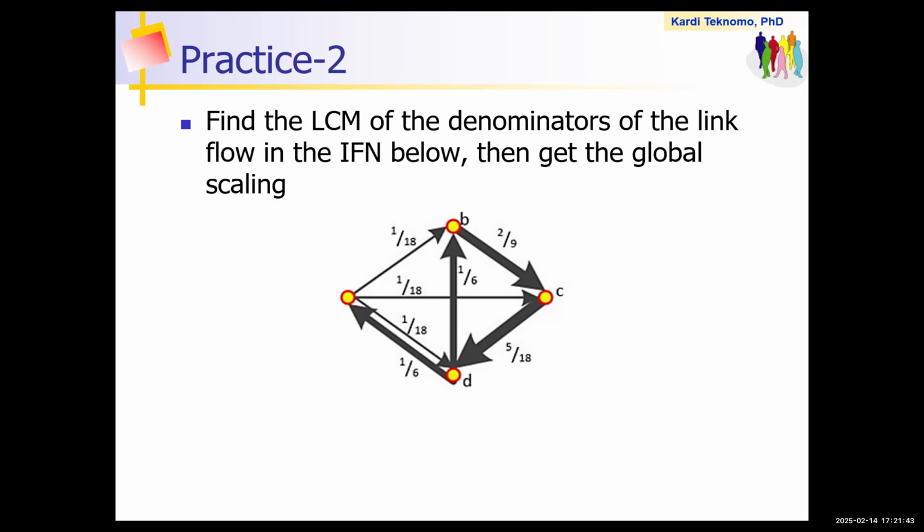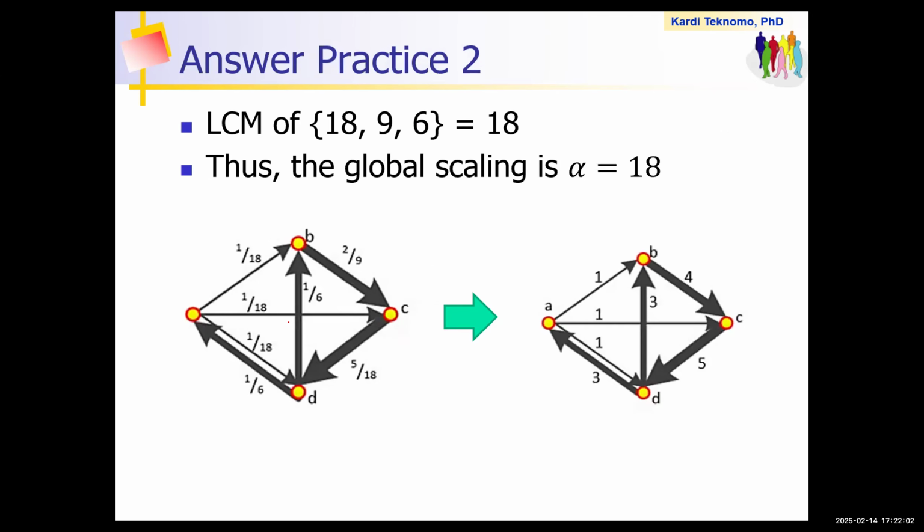We can get it by prime factorization. So 9 is 3 by 3, 18 is 3 by 3 by 2, and 6 is 2 by 3. So 2 times 3 times 3 is 18. Okay, you can do prime factorization. So the LCM is correct, 18.